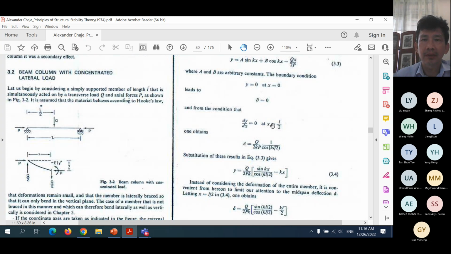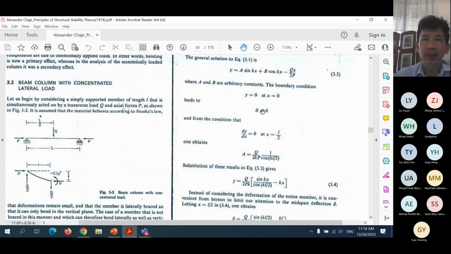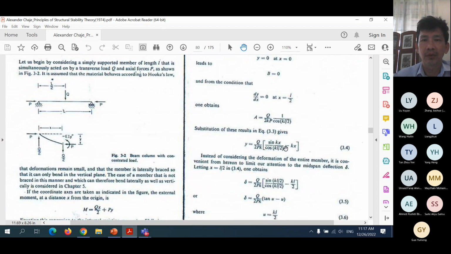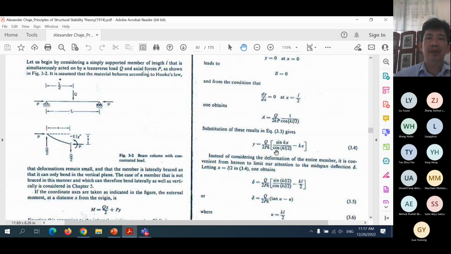So after we know that B is equal to 0, we differentiate this first, substitute these conditions, then we get A. Then we substitute A into 3.3, then we get 3.4. So this gives us the shape of this deflected shape.